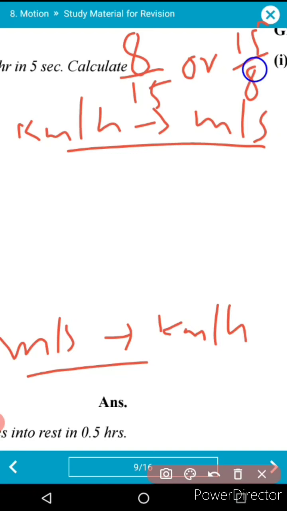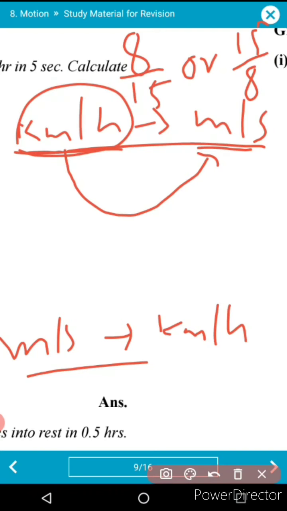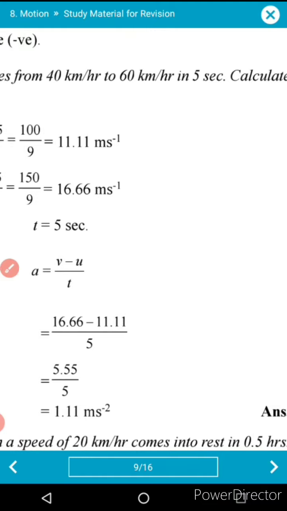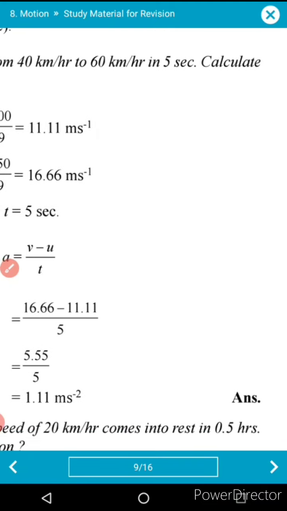Whenever you have to convert kilometer per hour into meter per second, we are going from the higher value to the lower value, because kilometer per hour is the higher value, in terms of kilometer, and meter per second is the lower value. In this case you have to multiply by the factor 5 by 18.